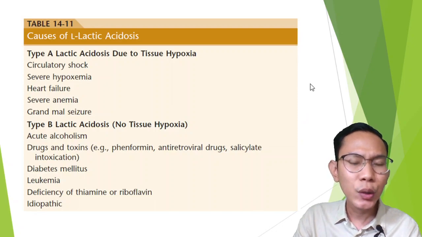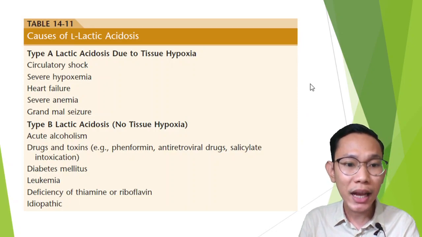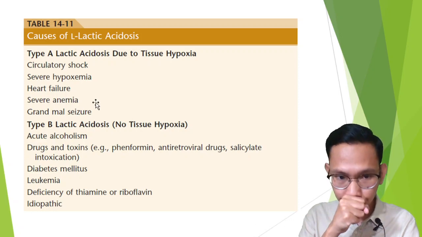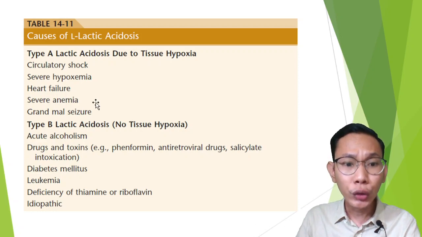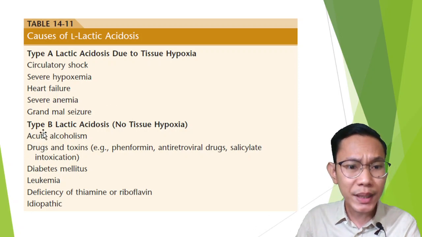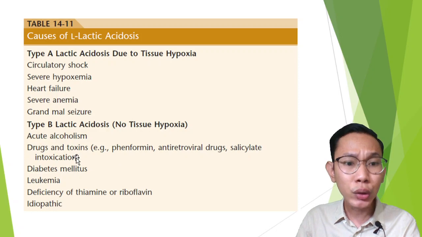So sa lactic acidosis, meron tayong two types of lactic acidosis. Type A lactic acidosis is due to tissue hypoxia kasi nga magfi-favor ang formation ng pyruvate into lactate. So these are the possible causes. Meron din tayong tinatawag na lactic acidosis, no tissue hypoxia. One good example of that is your acute alcoholism.